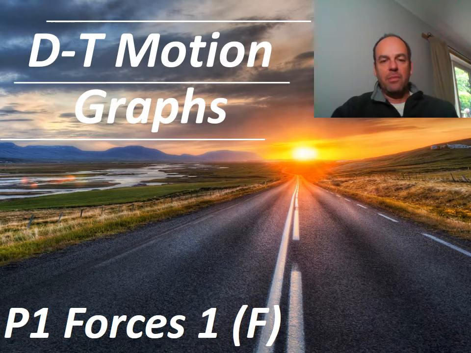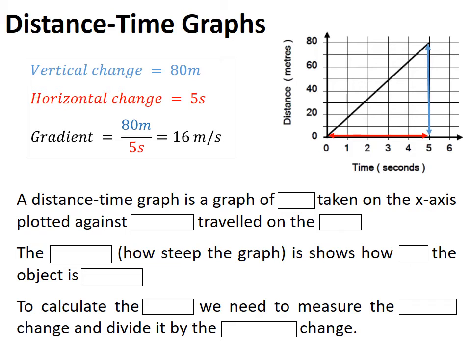Okay, the next part of this lesson is about distance, time, motion graphs. And we need to learn how to interpret graphs and draw out the correct information. So what is a distance time graph? Well, look at the picture. At the top you can see it's got distance on the y-axis.